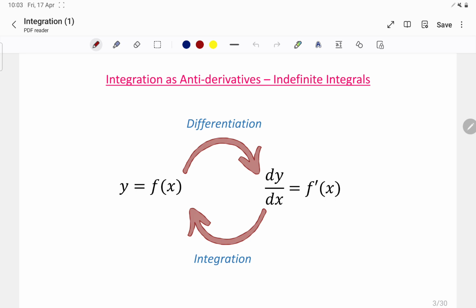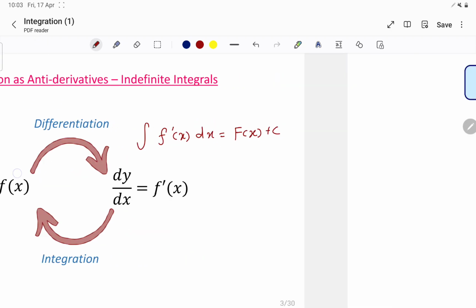If we integrate this function after we differentiate, we get the original function before we differentiated. Usually for integration you see the curly symbol like this. So if you integrate it, you're going to get the original function. I'll show you how.